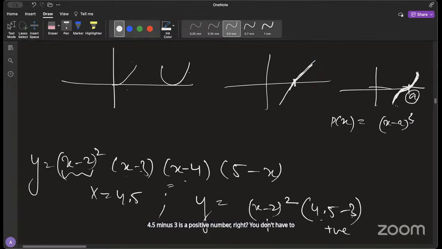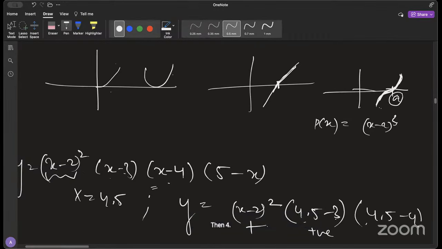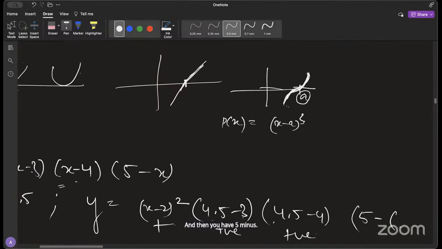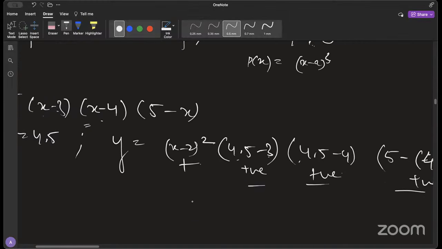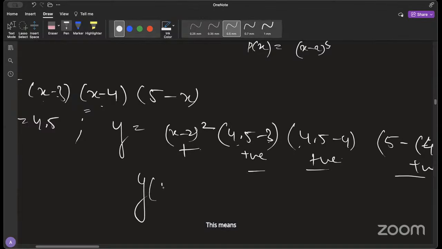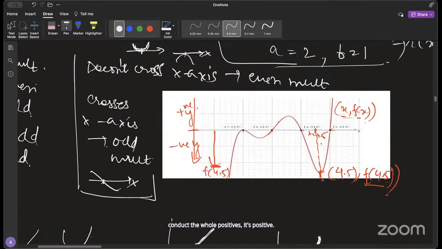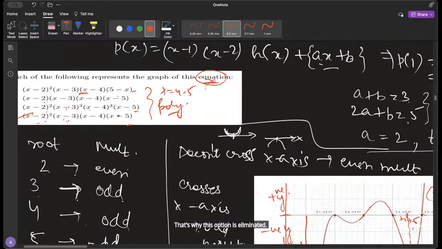You don't have to find that number, you can just see 4.5 is greater than 3. Then 4.5 minus 4 is again a positive number. And then you have 5 minus 4.5, which is again a positive number. This means your y at 4.5 should be a positive number, right? Product of all positives is positive. But your graph says it should be negative. That's why this option is eliminated. Is that okay?